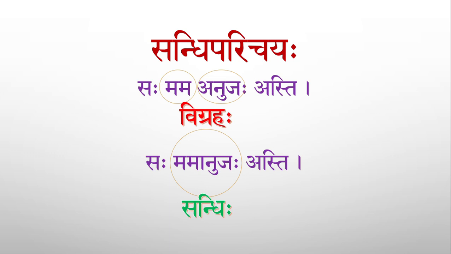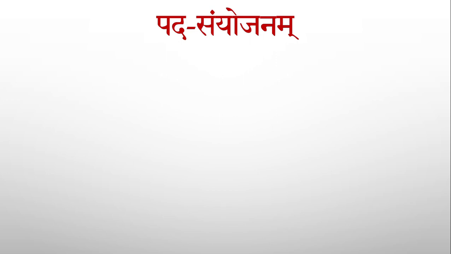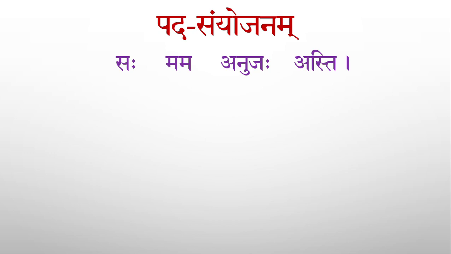Let's see how this has happened. How does Padasanyojanam take place? In the first place, what is Padasanyojanam? The joining of the 2 words to give rise to one single word is called Padasanyojanam. We shall understand this in detail now.